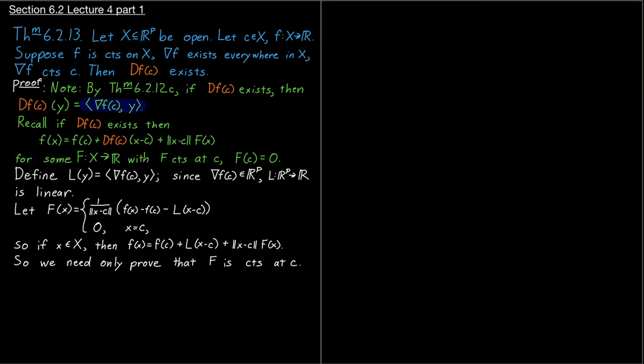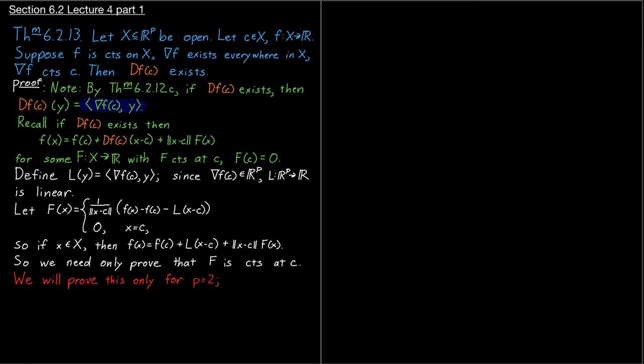Writing out the full proof, it's going to get a little complicated, and it gets much worse if you try to write it out in arbitrarily many dimensions. So I'm going to tell you that we will prove this only in the case where p is 2.